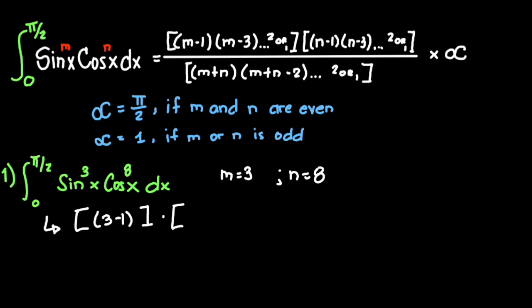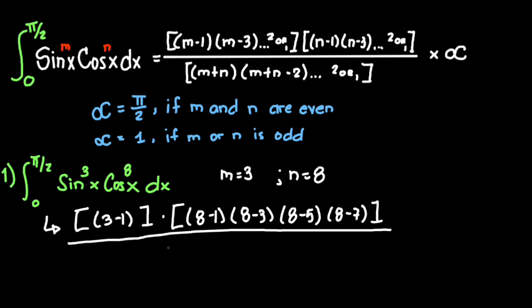And now, multiply this by n minus 1 multiplied by n minus 3 until it reaches 2 or 1. So, it would be 8 minus 1 multiplied by 8 minus 3 multiplied by 8 minus 5 multiplied by 8 minus 7. Because 8 minus 7 would be 1, we will be stopping there.